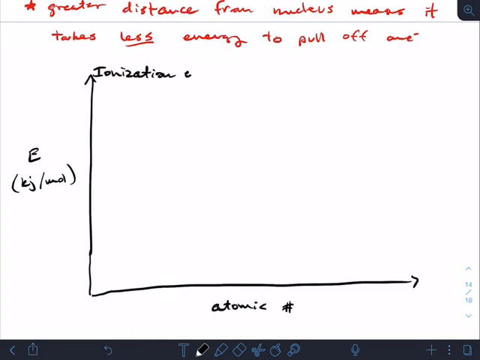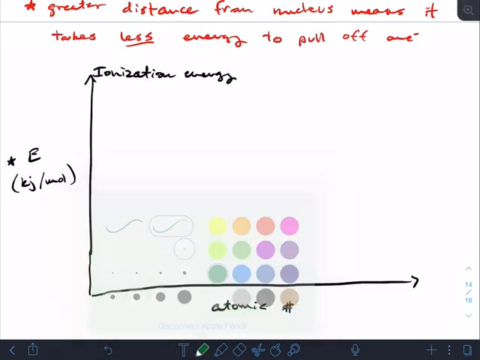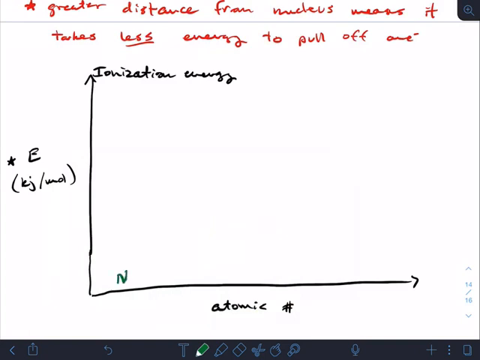Okay, so looking at ionization energy, that's what our E here is, ionization energy in kilojoules per mole versus atomic number. So down here, at the very bottom, we're going to have sodium at roughly 496. Then we come up to magnesium at about 738, and this is not to scale.